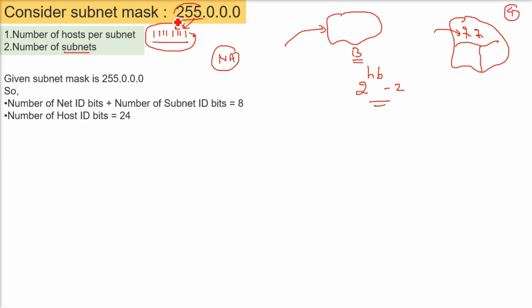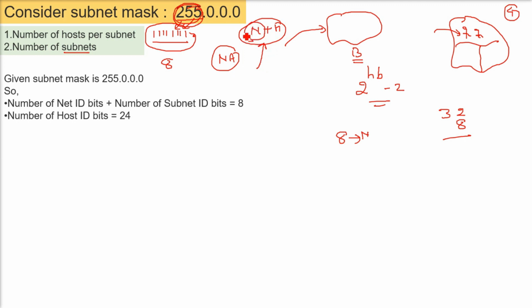Network bits are computed by ANDing the subnet mask with the IP. How many ones are there? 8 ones are there. So these 8 bits are for the network, they are actually network bits or subnet bits. In total there is a 32-bit address, as you can see in this subnet mask. 8 is for network. Always, the IP will be network plus host.